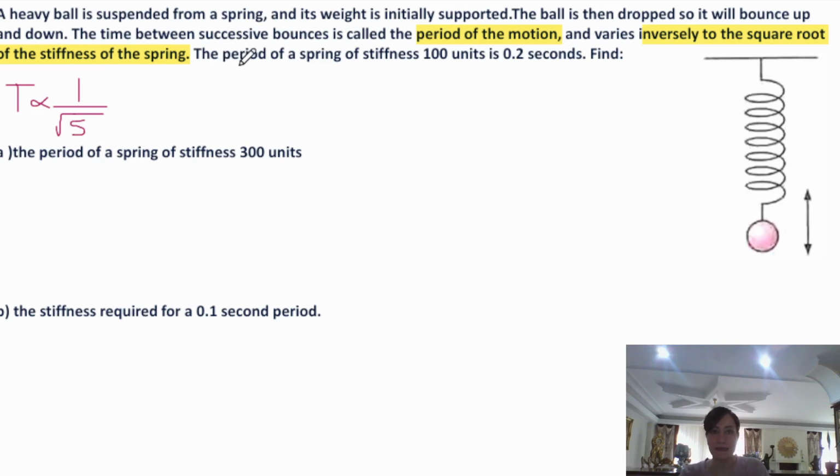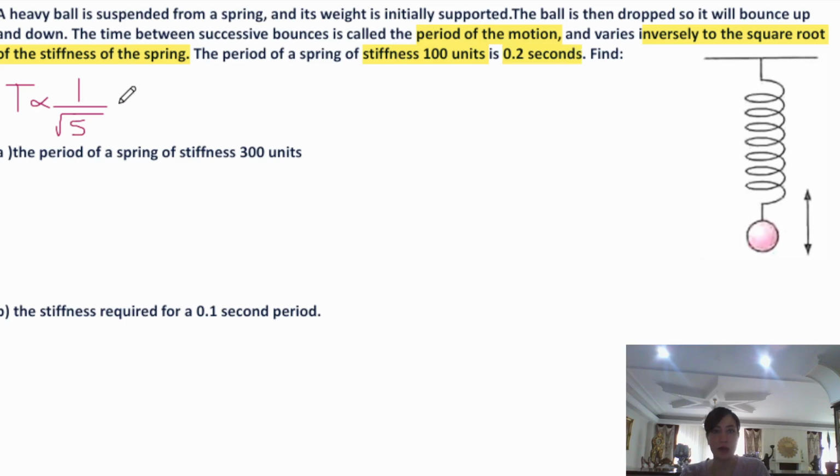And then it says the period of a spring of a stiffness 100 unit, that means when my stiffness is 100 units, is 2 seconds.